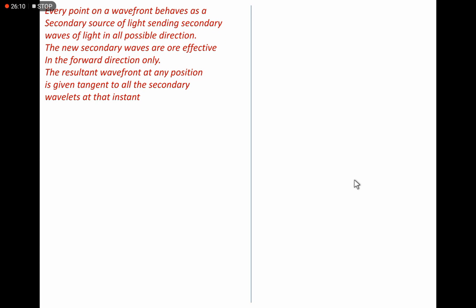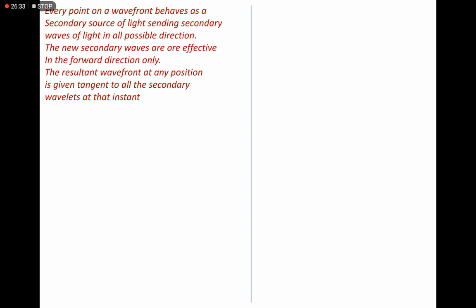The first part of the statement is very simple. We know the wavefront: spherical wavefront, plane wavefront, cylindrical wavefront, any kind of wavefront. If we consider, every point on the wavefront behaves as a secondary source of light.